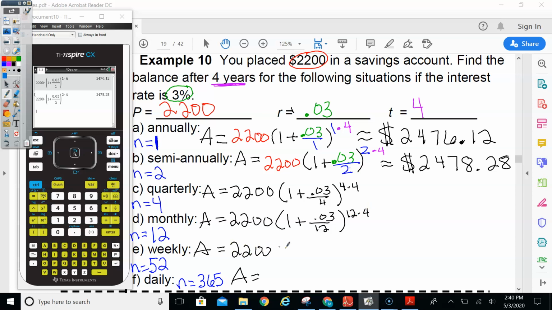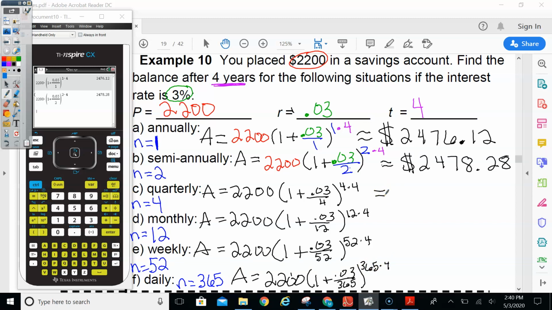Weekly is 52. 1 plus 0.03. Divided by 52 this time for weekly. And it's 52 times 4. And then daily. So 365 to the 365 times 4 power.